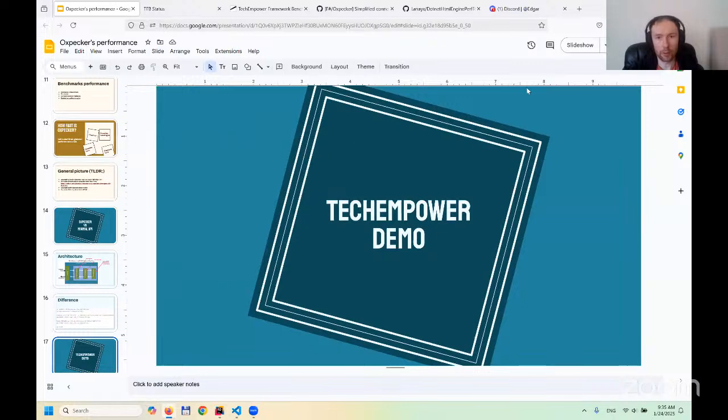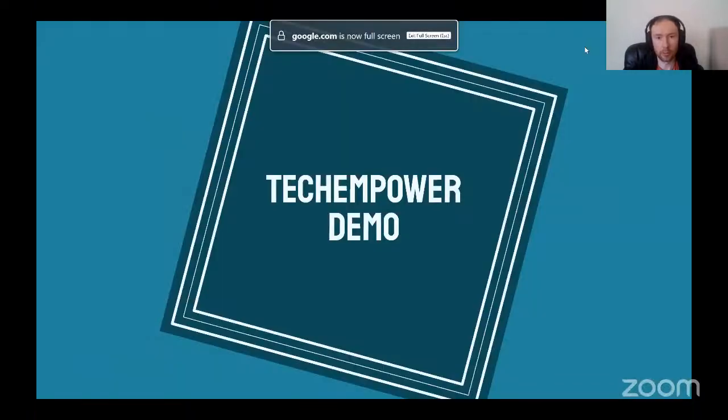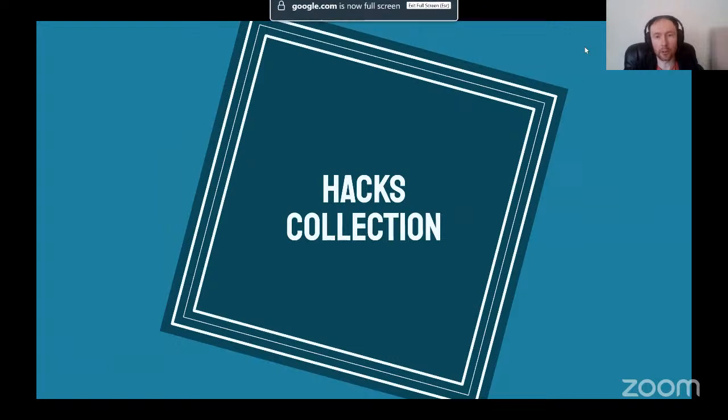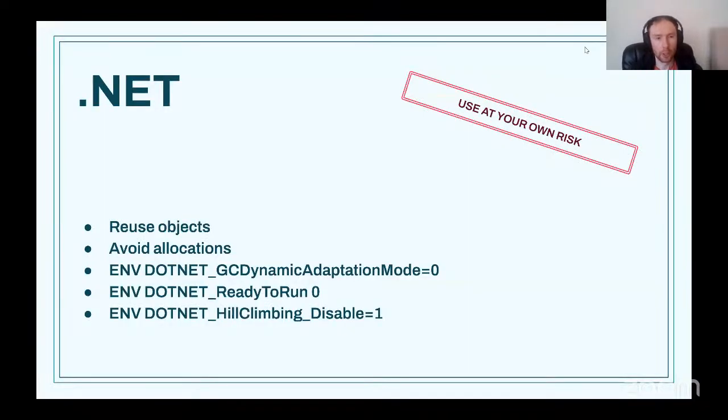Okay, so let's go back to the presentation, and I'll show you some hacks collection. So let's start from the .NET, and the best advice I have here to do good in benchmarks is that you need to reuse objects.